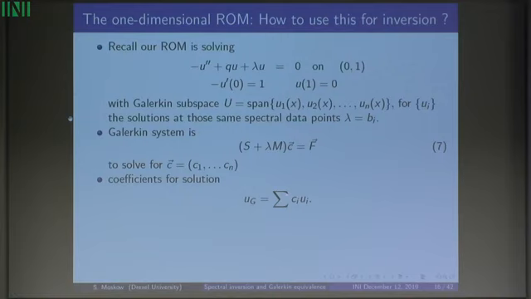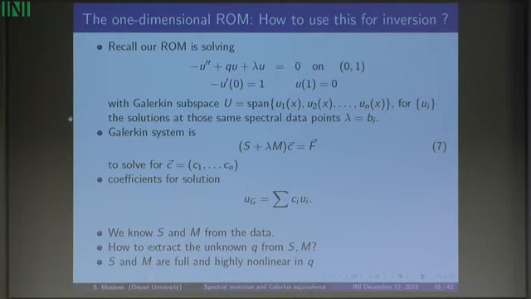You can get all that from the data. I just said this. So then the question becomes, how do you extract Q, which is unknown, from S and M? S and M, they may be small, but they're full and highly nonlinear in Q. So the idea is as follows. Orthogonalize so that M is the identity and S is sparse.